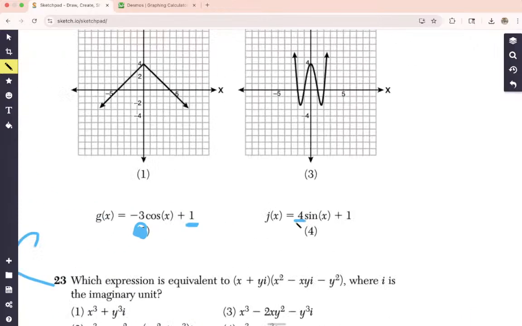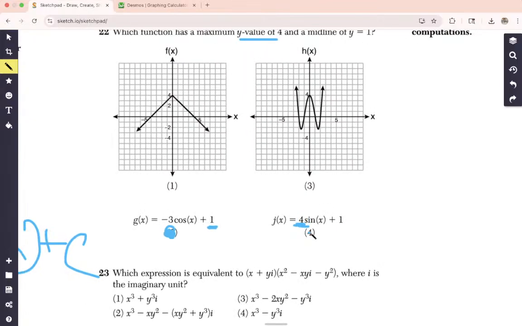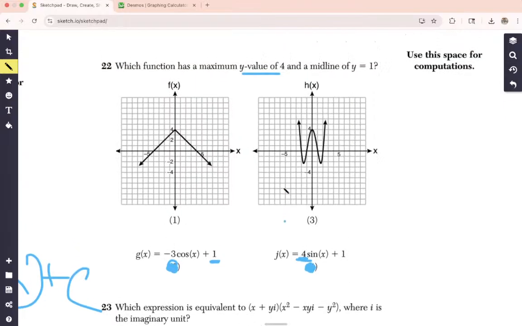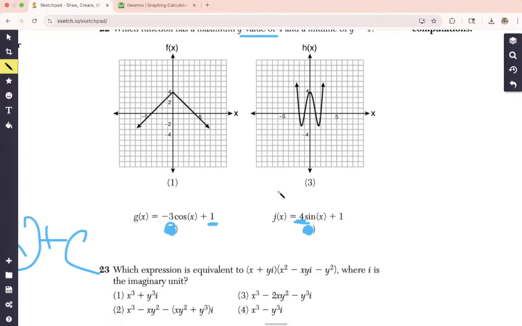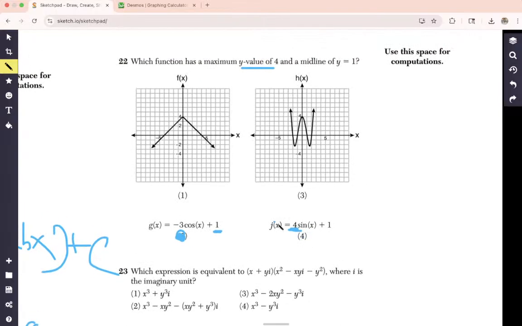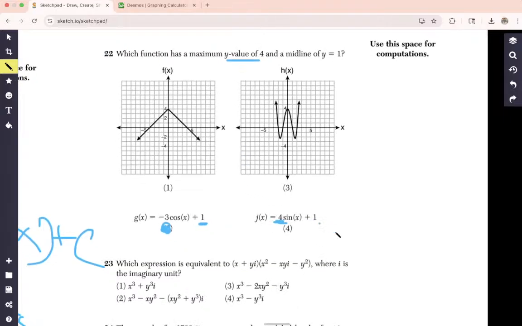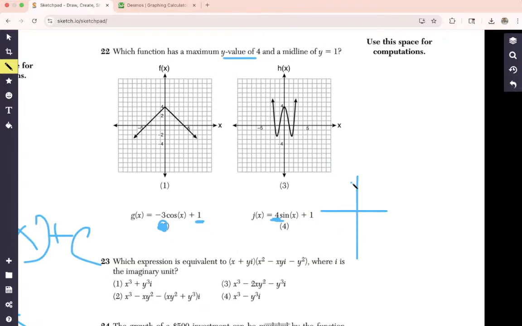A lot of people see this and go, oh, the coefficient is 4, therefore the answer has to be number 4, because my maximum y value is determined by my amplitude. Even though the amplitude does have an effect on the maximum value, you also have to take into account the midline. I'm just going to draw a random sine graph, but essentially the middle of the graph, that's 1.